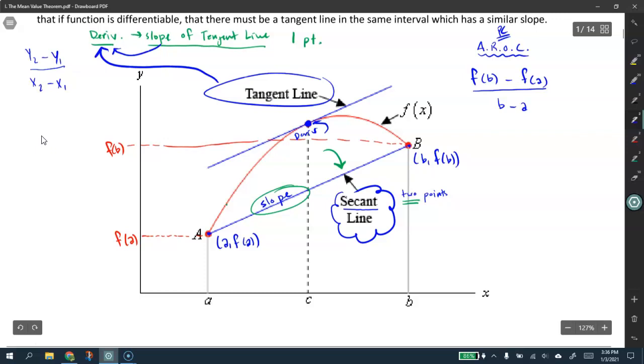And so how do you say that as far as our writing is concerned? Well, you can say the instantaneous rate of change is equal to f derivative. And because we need to refer to it with some specific point, we'll call that point C, where this actually occurs for us, where we finally find a point that works for us.